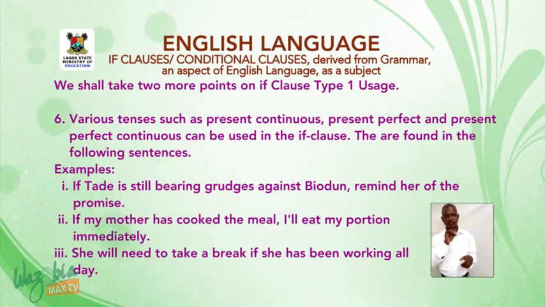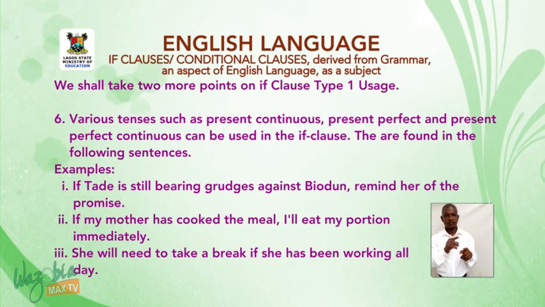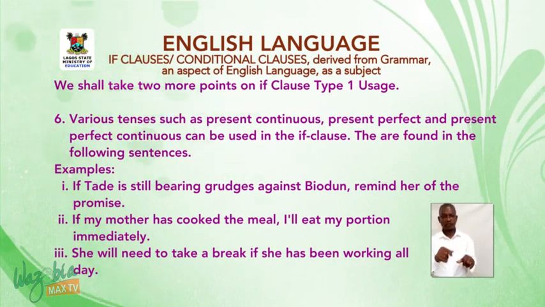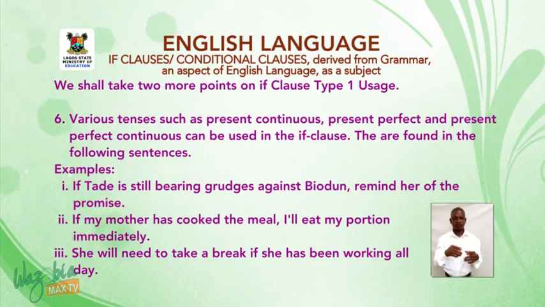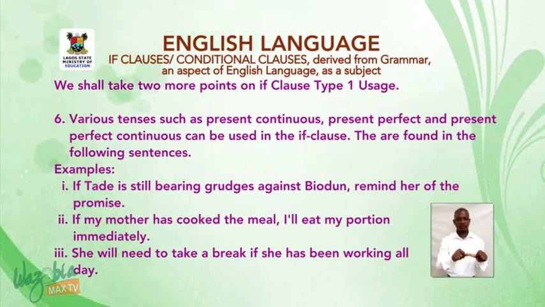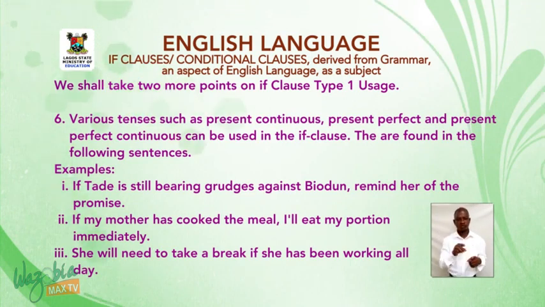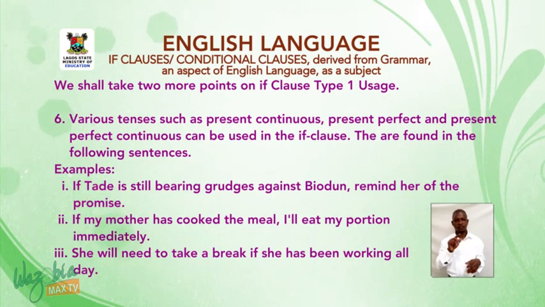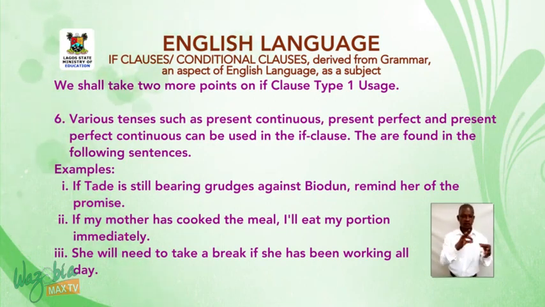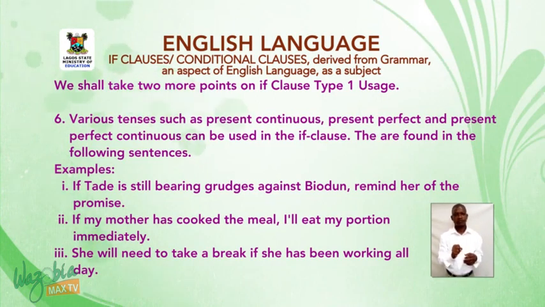So, the sixth of the points is that various tenses such as present continuous, present perfect, and present perfect continuous can be used in the if clause. The three of them are found in the following sentences.